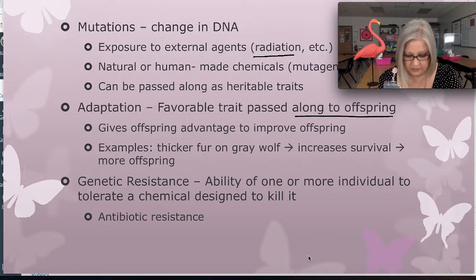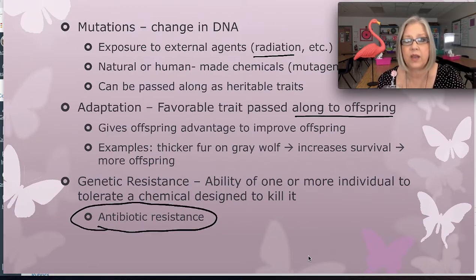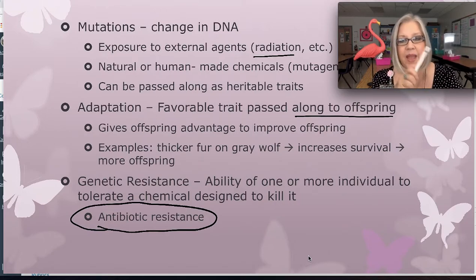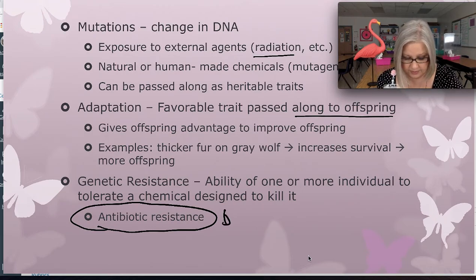Genetic resistance, and that is the ability of one individual to tolerate a chemical designed to kill it. We are finding a lot of antibiotic resistance, and the reason is we have used them way too much, right? So what happens is, and this has to do with the fact that bacteria, remember antibiotics work on bacteria.